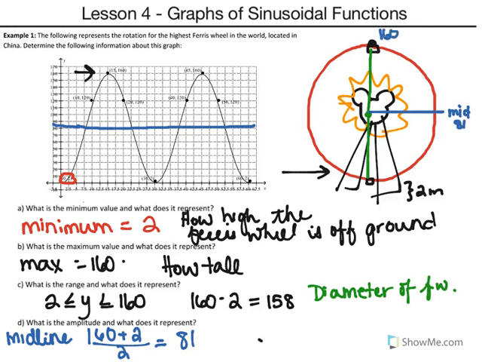So the amplitude would be from here to here. So that's kind of the radius of the circle. So the amplitude would be 160 minus 81, which is 79. So it's the radius of the circle. And it's how high the car travels, either up or down from the center of the circle. If you want to write that, I don't. It'll take too long for me to write that.